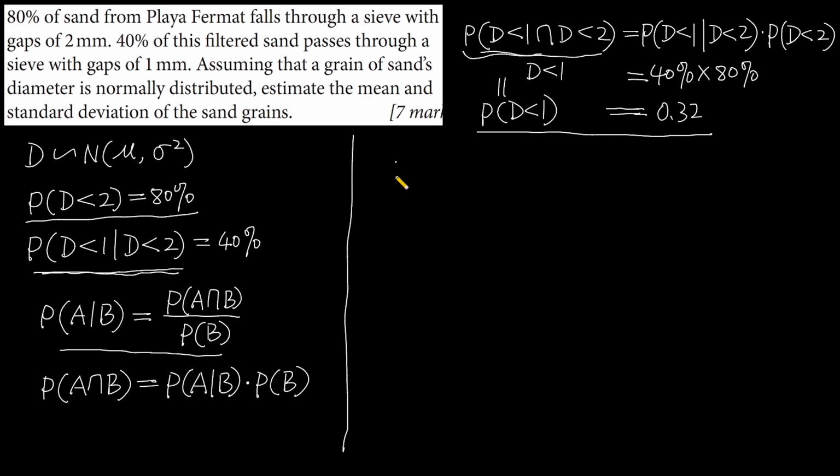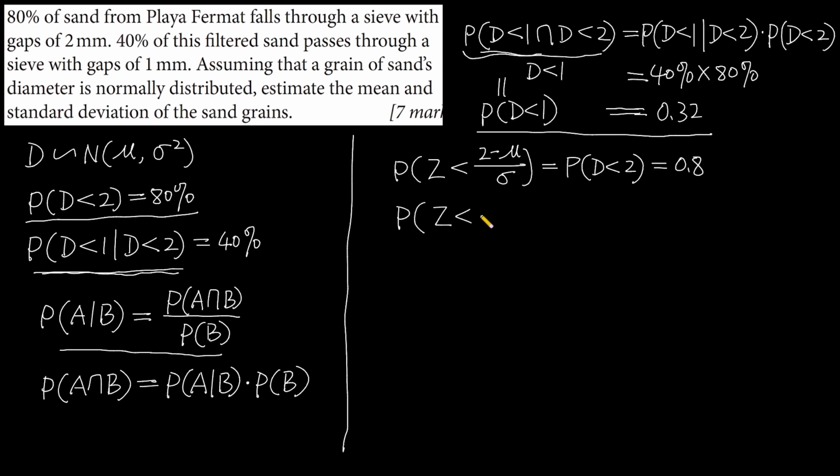So now we get this one and this one. Now we know the probability that Z is smaller than (2 minus mu) over standard deviation equals probability D is smaller than 2. This equals 80%. This is just 0.8. And the probability that Z is smaller than (1 minus mu) over standard deviation just equals probability that D is smaller than 1.